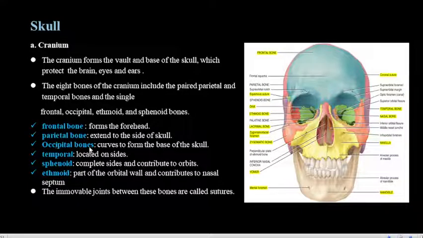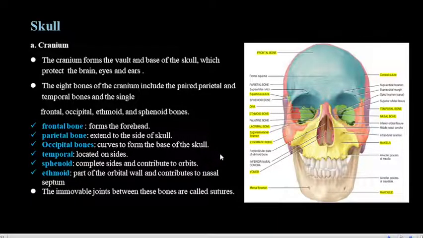Next, you have the occipital bone, also found on the base of the skull, and it curves downward. Okay? And then we have the two temporal bones, left and right din, the violet one. And then we have the sphenoid. It completes the sides and contributes to the orbit.